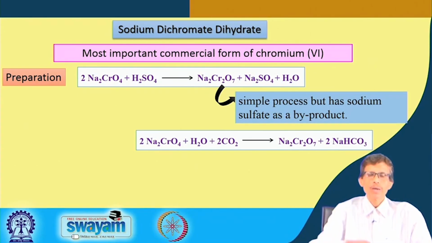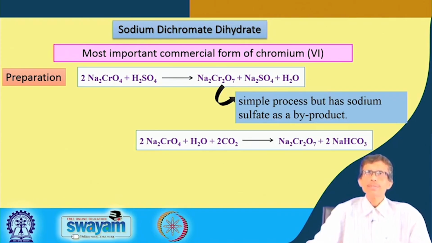You require an acidic medium in both cases, because the chromates follow dimer formation, the condensation of two chromate units to give you the dichromate, which is catalyzed by protons, the H plus.